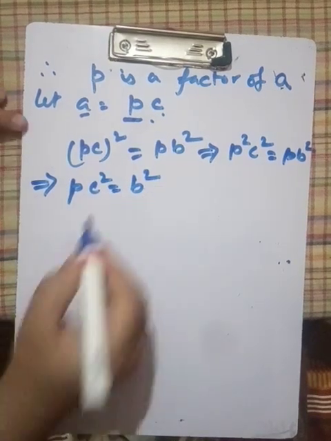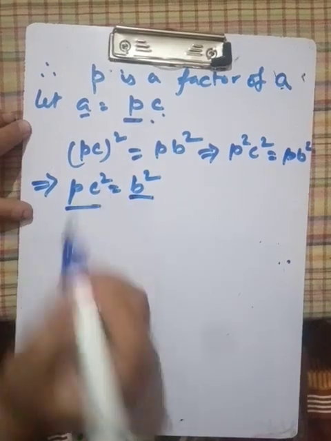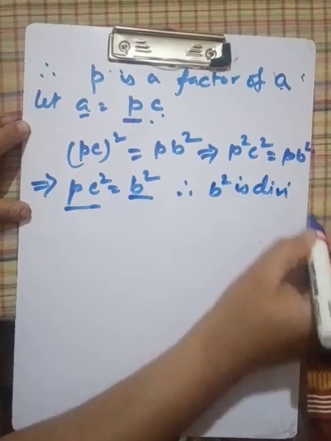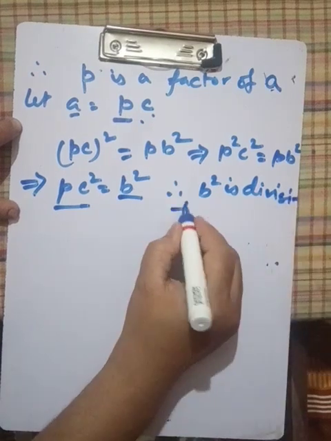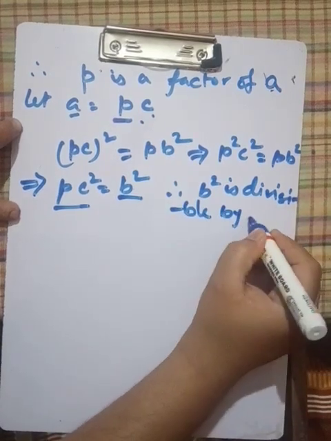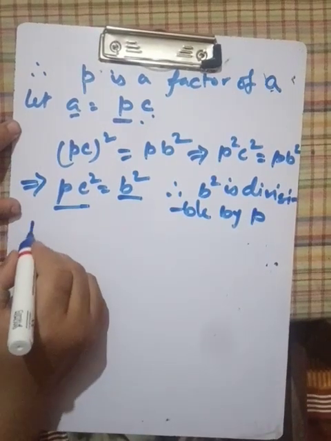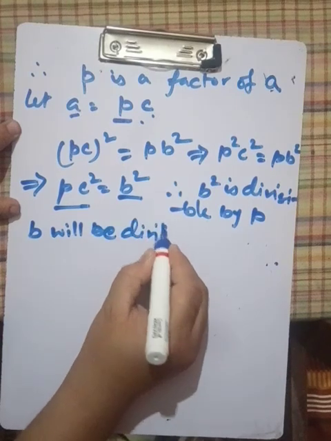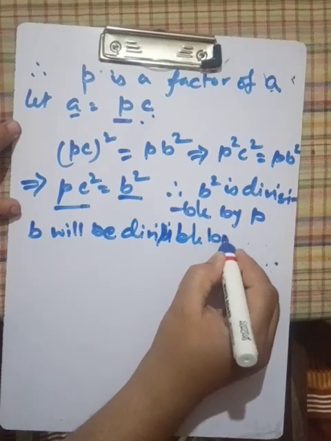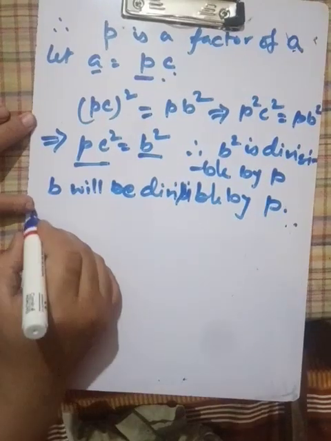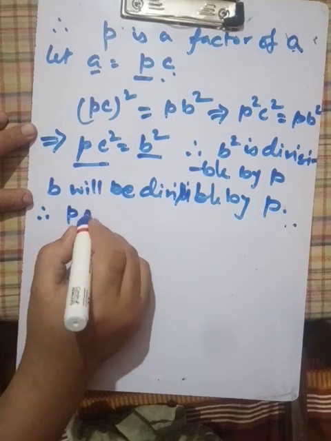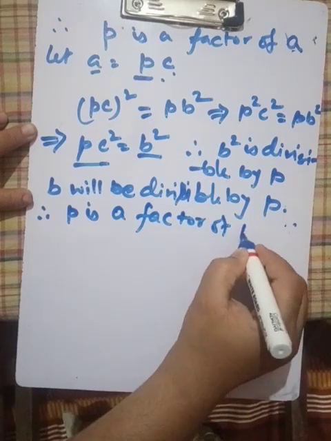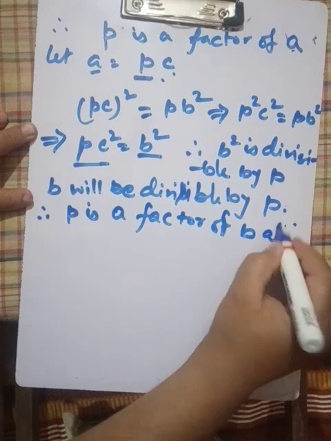Now what I see is that this B square is written in the form of the product of P and C square. So we can write B square is divisible by P. So I have got B will be divisible by P. Therefore we can write P is a factor of B also.